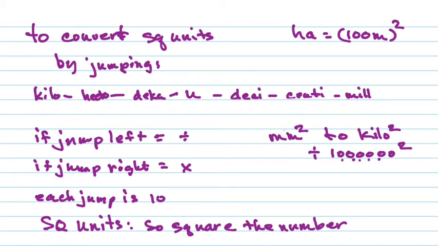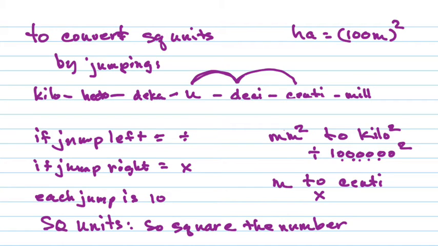Now, what if I'll do one of the others. What if I was going from meters to centimeters? Which direction? That's starting in the middle, going to the right. So that means I'm going to get more of stuff, so that's going to be multiply.